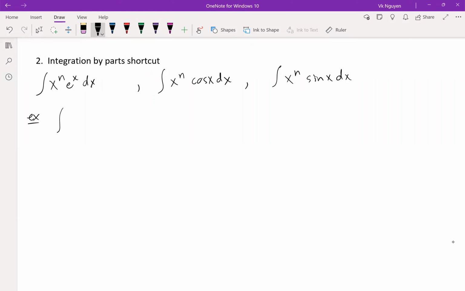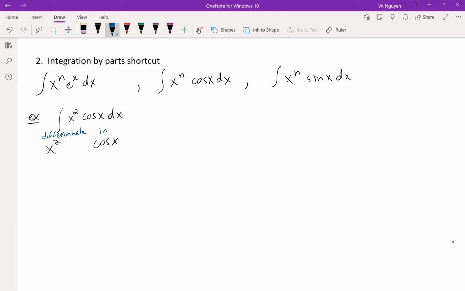The integral of x squared cosine x dx. We did it in the previous lesson. u is x squared, so we write x squared on one side, and then dv is cosine x dx, so we write cosine x there. On one side, we're going to differentiate.